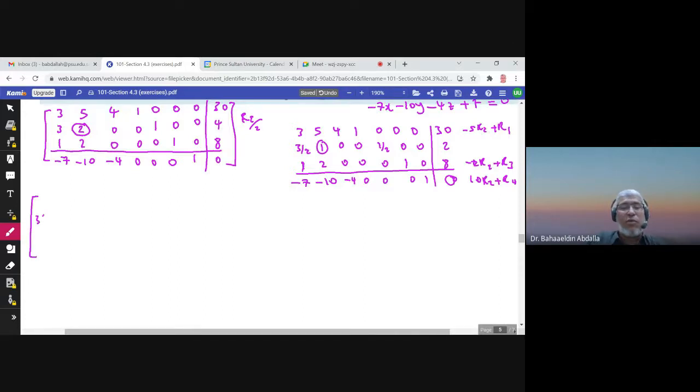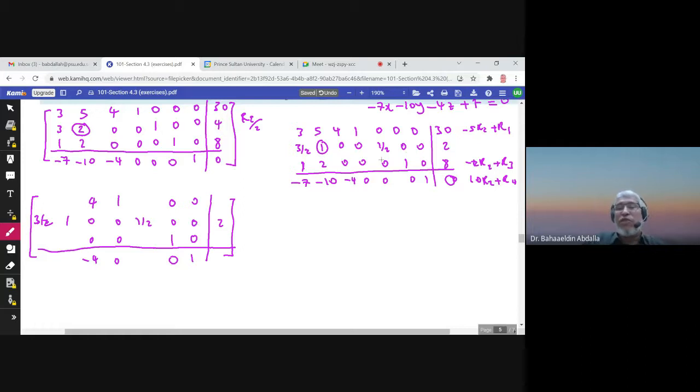The second row as it is. And wherever there is a 0 in this row, we complete the columns as they are. All right.